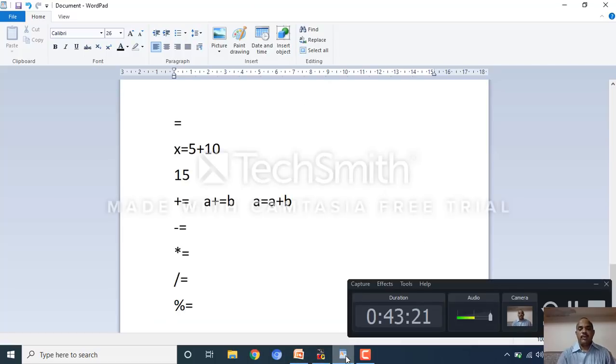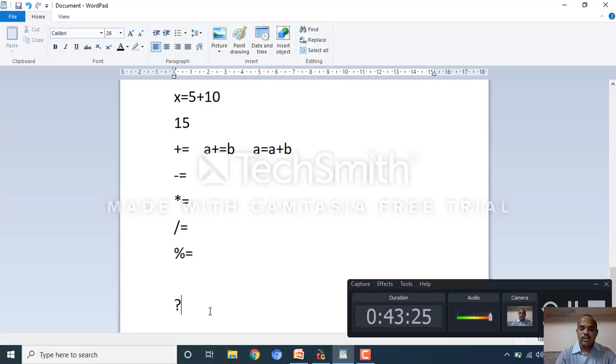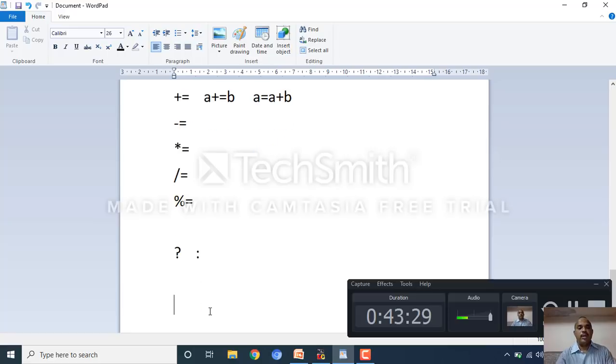What are the ternary operators? The ternary operators are question mark and colon. If a greater than b is true, then max equal to a, otherwise max equal to b.